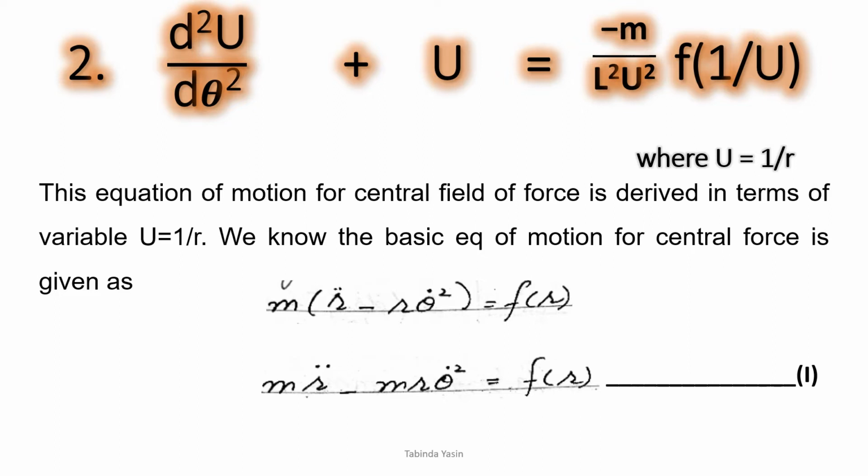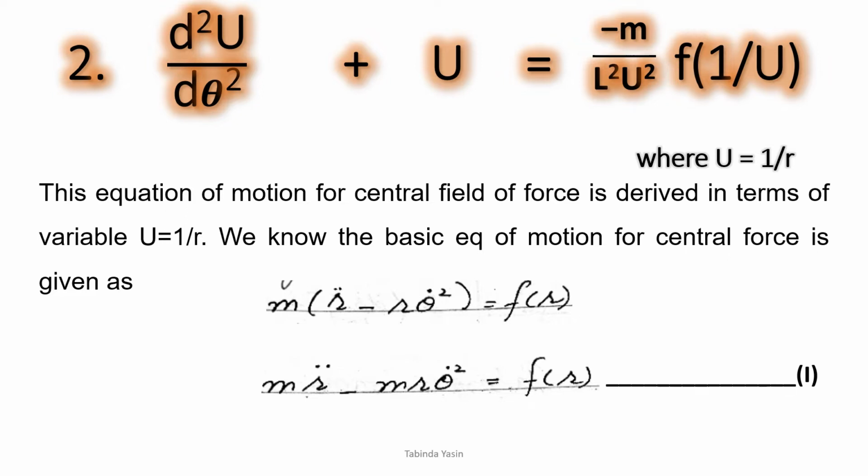We know that the basic equation of motion for the central force is given as m into r double dot minus r theta dot square, that is equal to f of r. That equation is previously derived, and that is the radial component of force, m into r double dot minus r theta dot square.